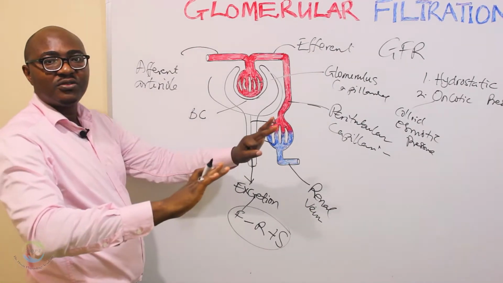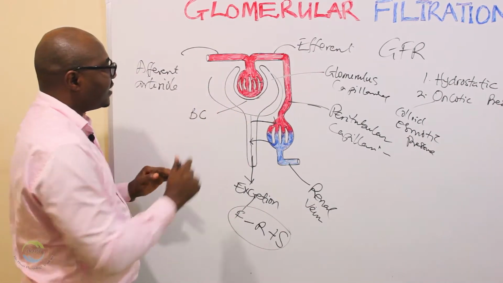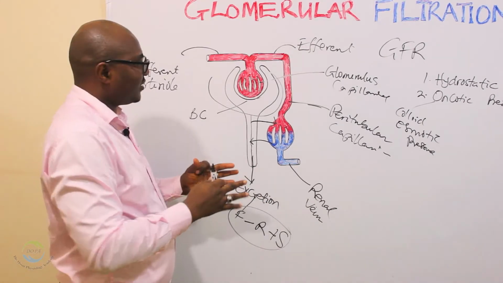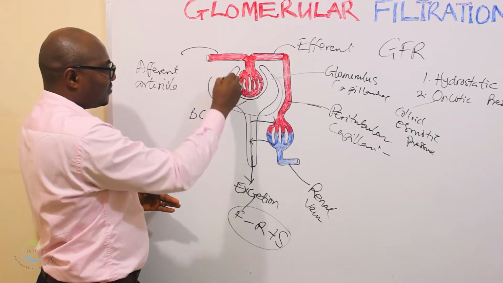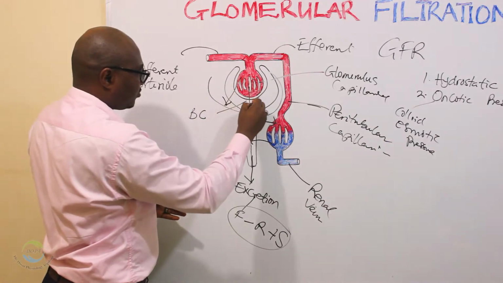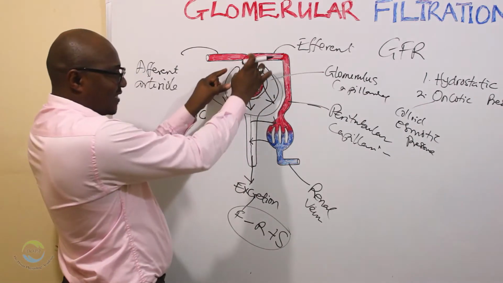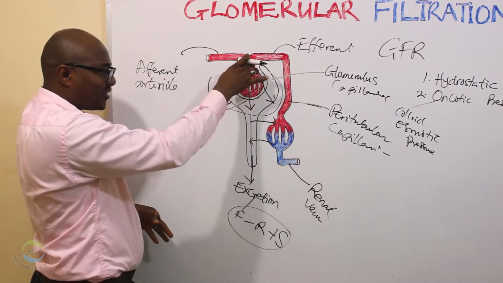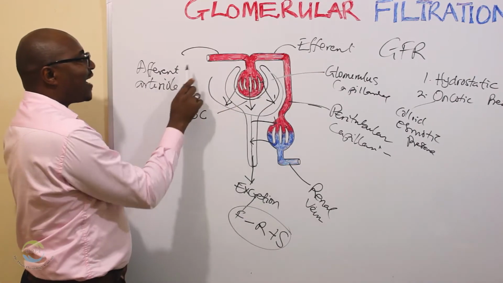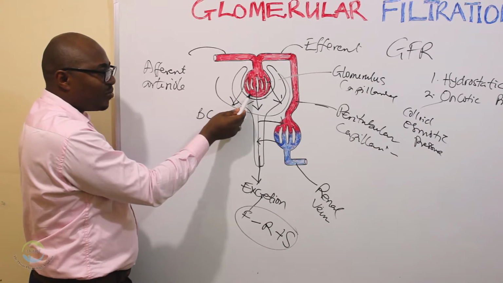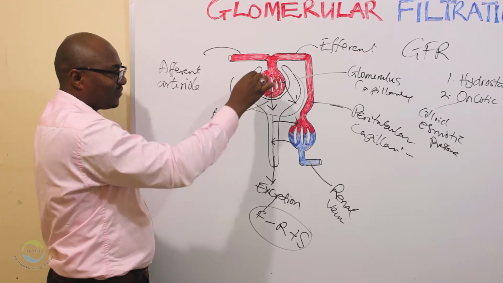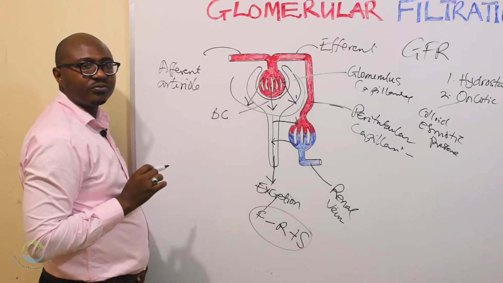It's the pressure that comes from the osmotic pressure or force of plasma proteins. Their directions are opposite. Hydrostatic pressure from blood pressure goes outward. That means it goes like this, down, inside this vessel. So the hydrostatic pressure of these glomerular capillaries will favor filtration.